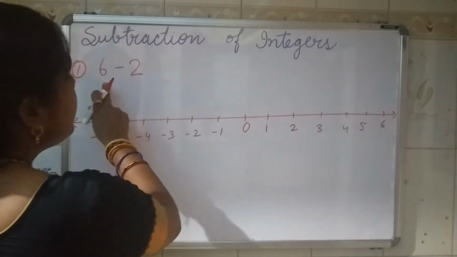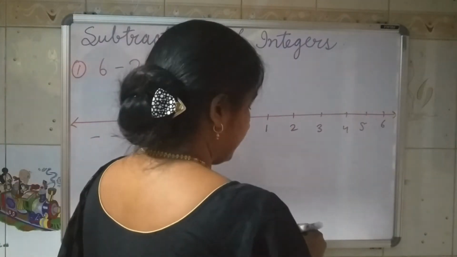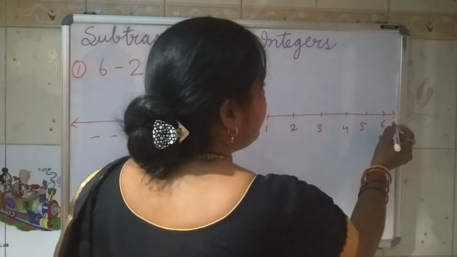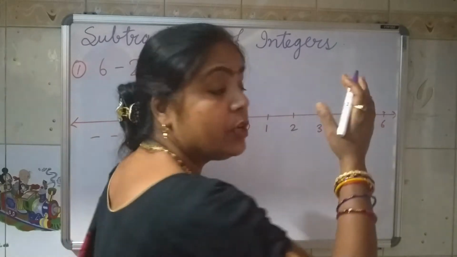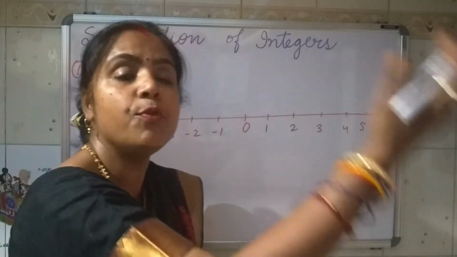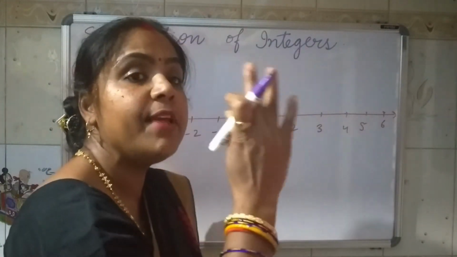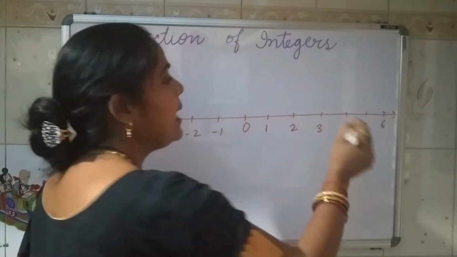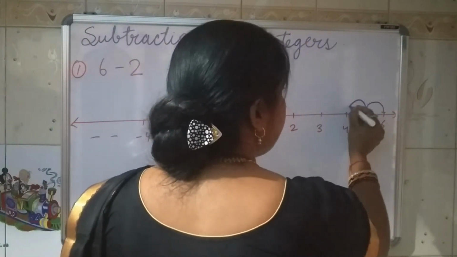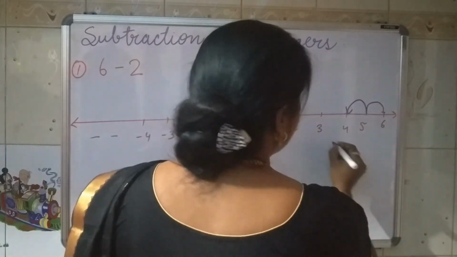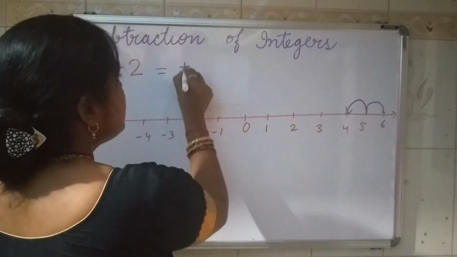The first number is 6, so we will begin from 6. From 6, how many jumps do we have to take? 2 small jumps. As I told you, when we have to subtract, we move towards the left direction. When we have to add, we move towards the right direction. So 6 minus 2 means 1 and 2. The answer will be plus 4.